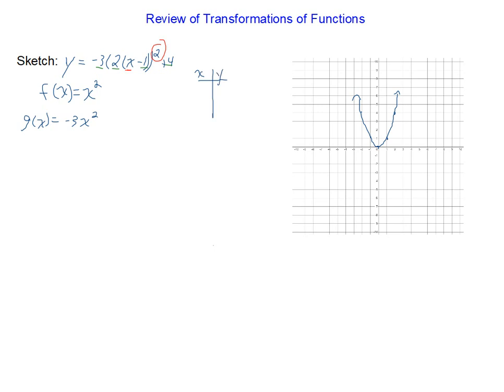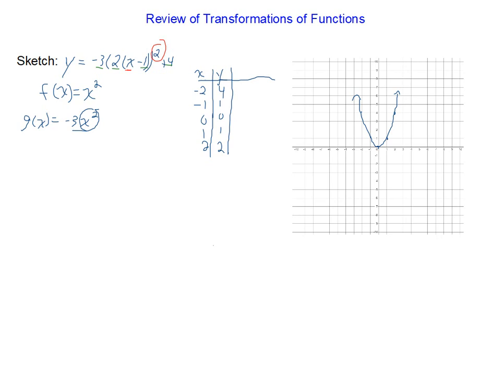So we had -2, -1, 0, 1, and 2 that we sketched. And when we did that, we ended up with 4, 1, 0, 1, and 4. This function here, g of x, is saying take the x squared values and multiply them by -3. So why don't we add a column here and see what happens?